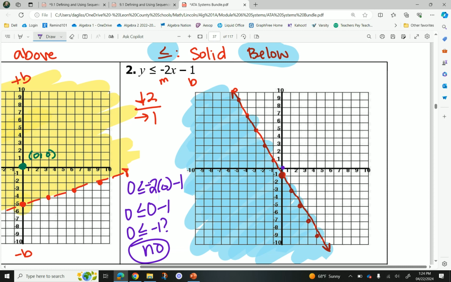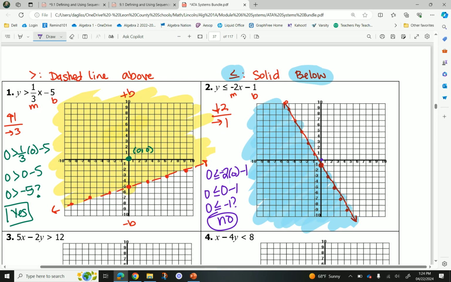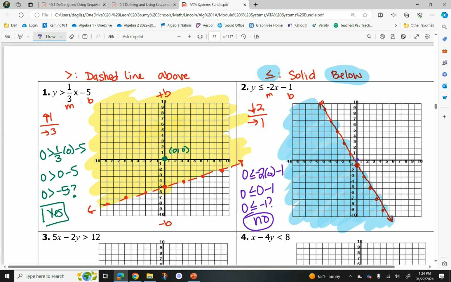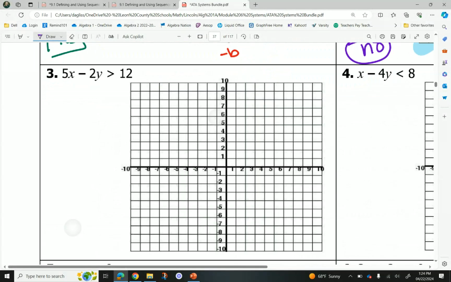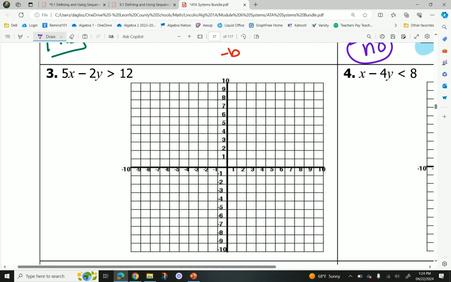All right, let's go to number 3. How is number 3 different? Yeah, the sign is different, and it's not y equals mx plus b. It's in our standard form. So we got to move stuff. Okay? So we're going to have to move some stuff over. All right, we have 5x minus 2y is greater than 12.